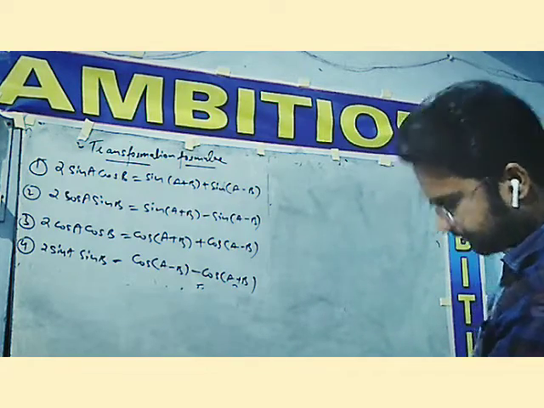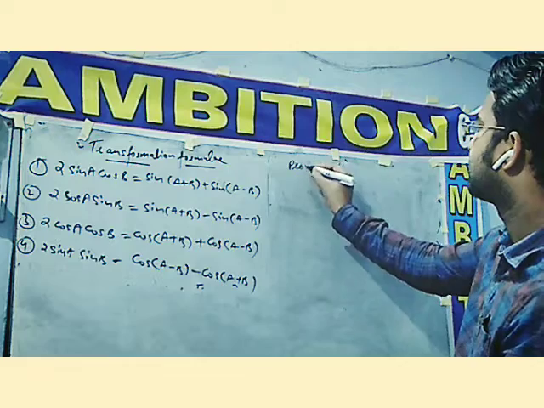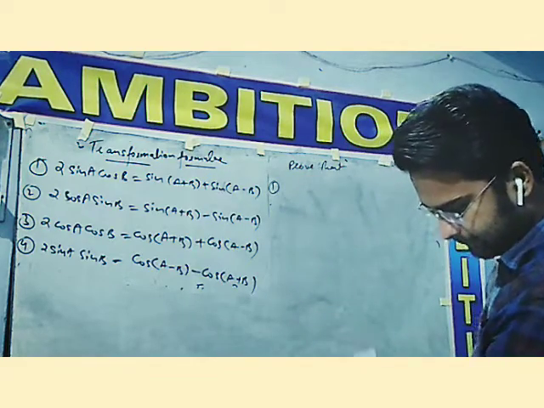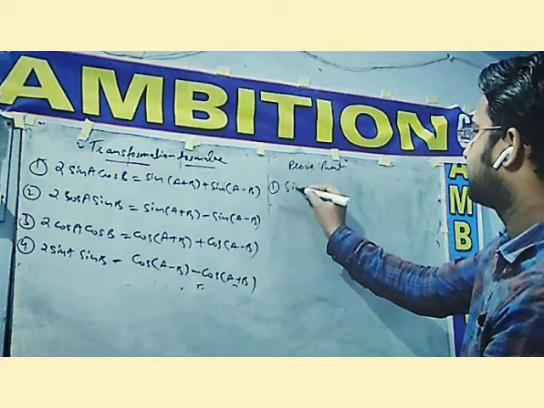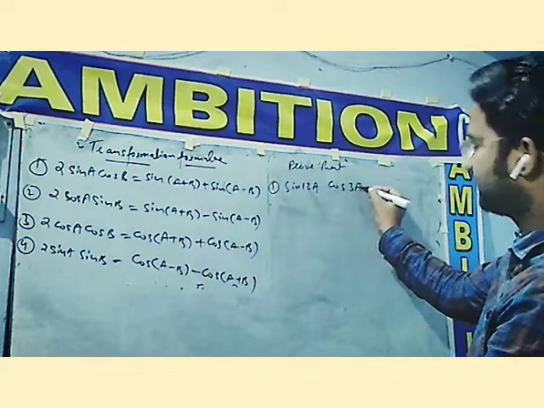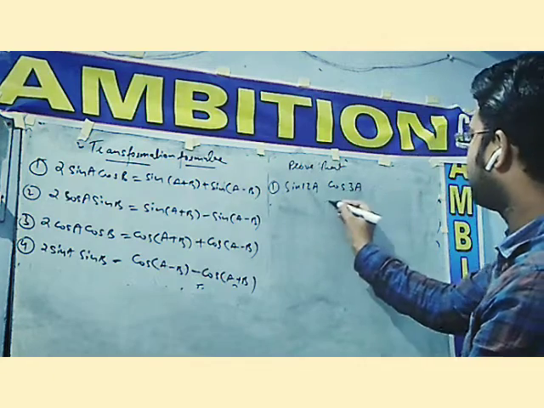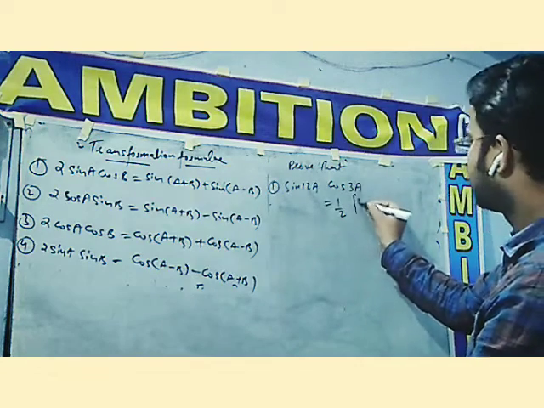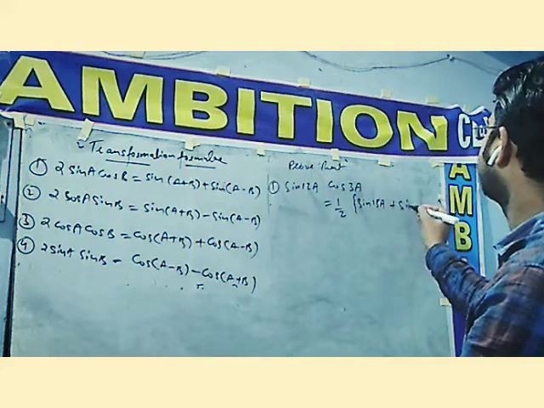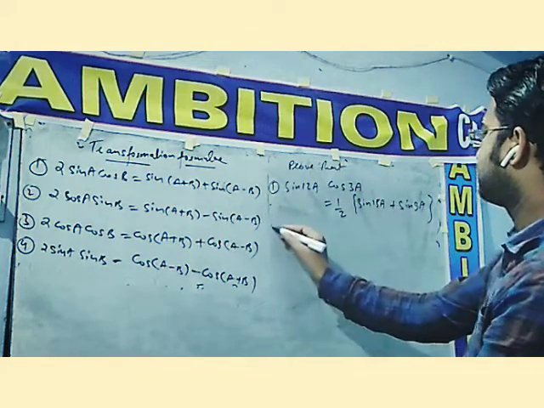What are the questions? Prove that. Our first question is sine 12A cos 3A equals 1 by 2 (sin 15A plus sin 9A). You have to solve this question.